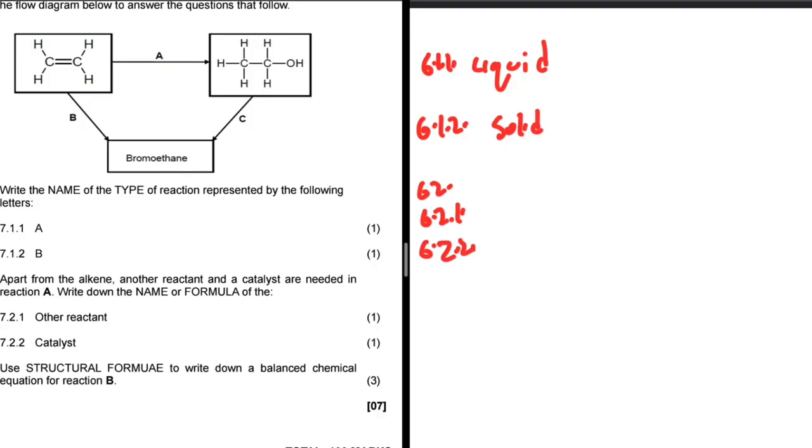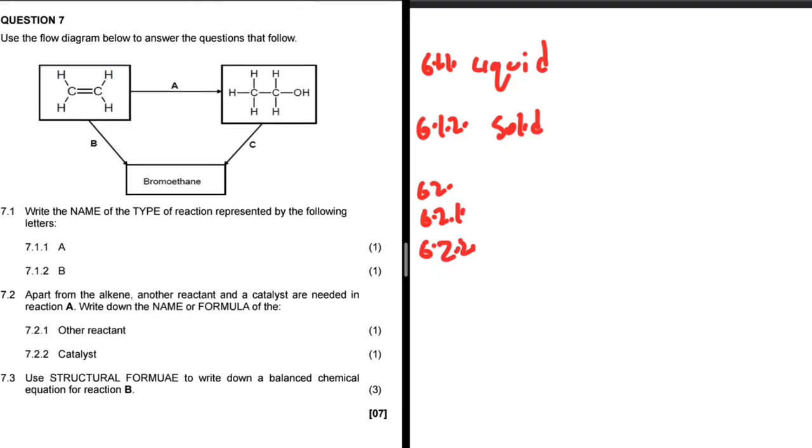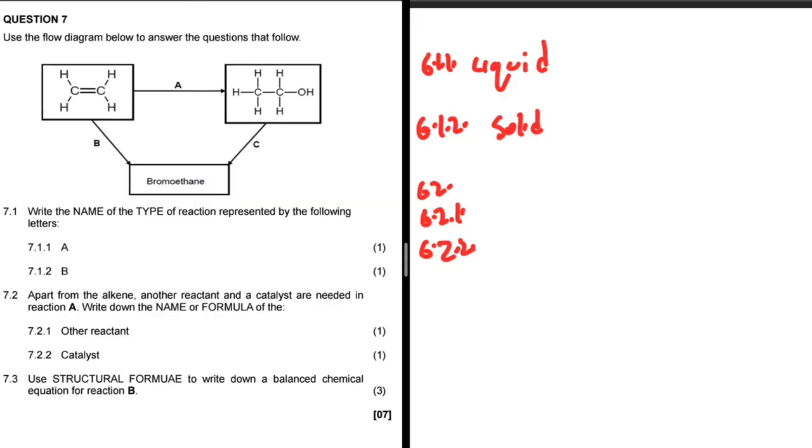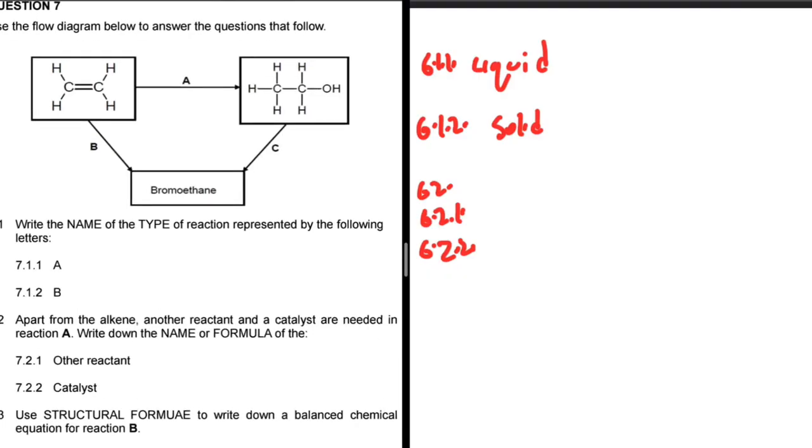Question 7, let's take a look. This is quite an easy question, nothing complicated. There's a technique that we use to actually answer this question. Write down the name of the type of reaction represented by the letters A and B. So let's take a look at A. We have an alkene which ends up being an alcohol.